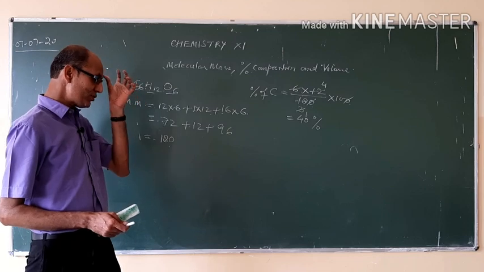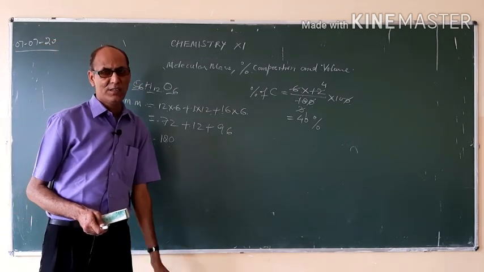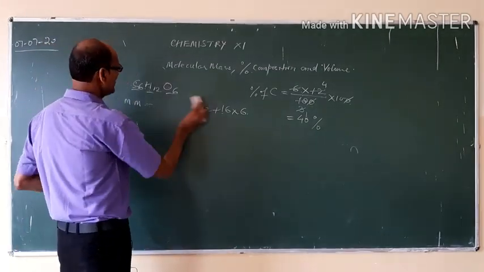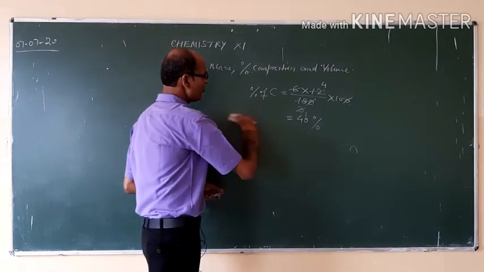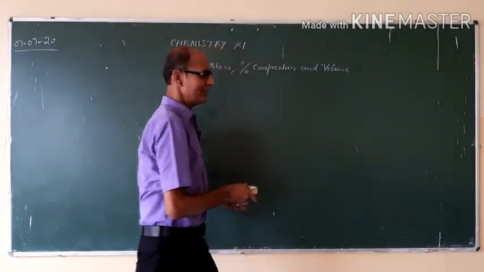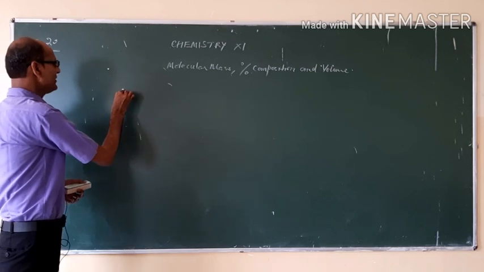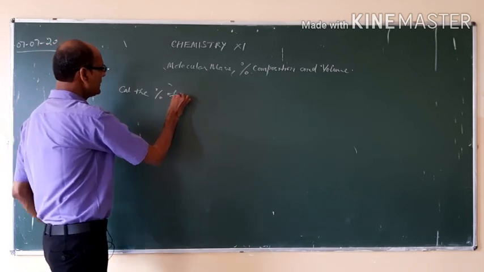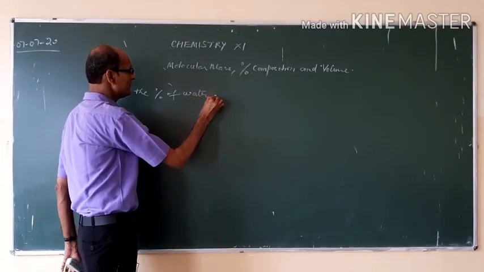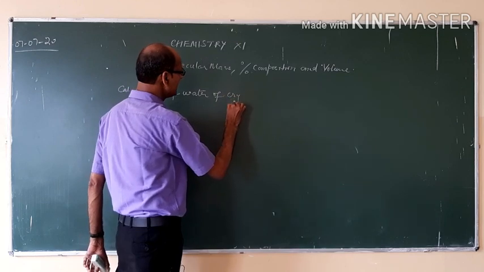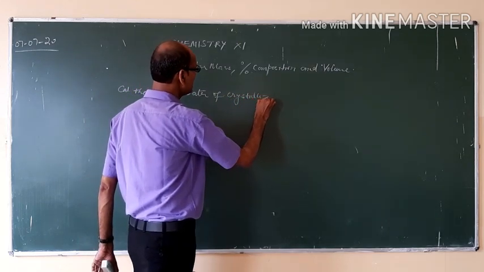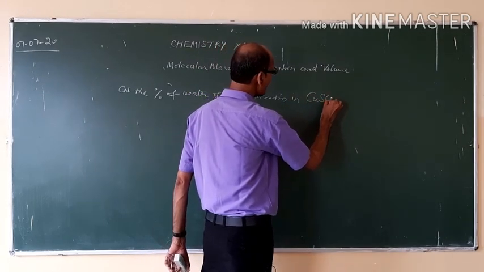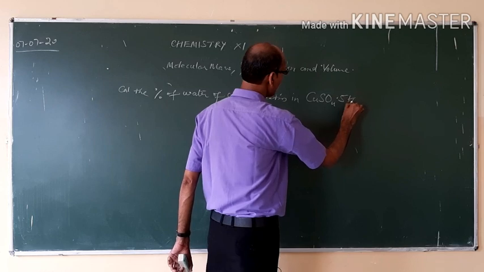Another example I am giving to you to find the percentage, for some difficult questions. See, suppose the question is this: calculate the percentage of water of crystallization in CuSO4.5H2O.